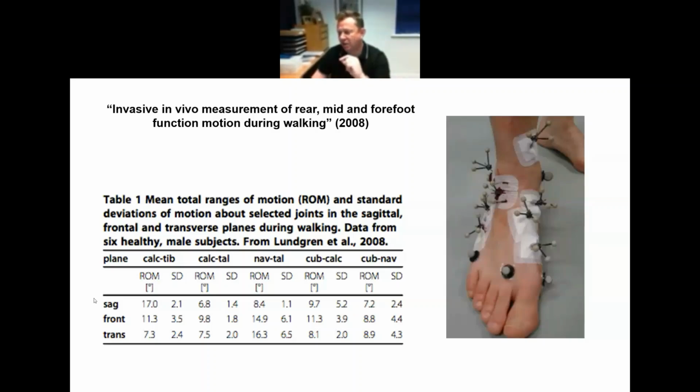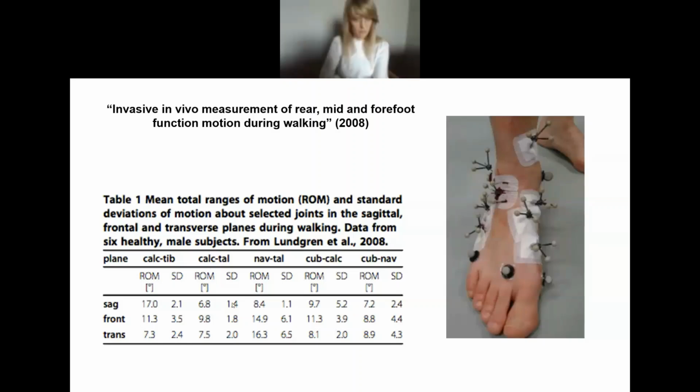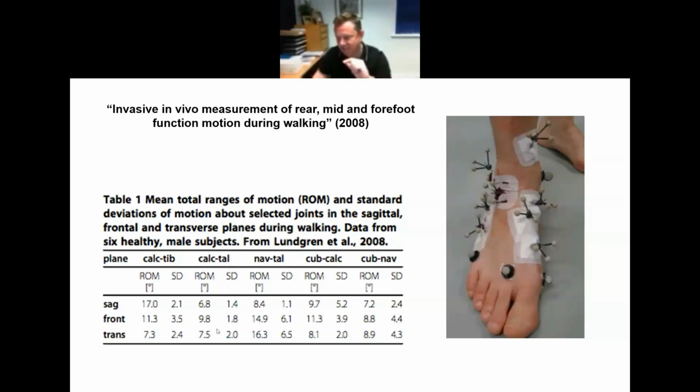Down here, we have the average data and the standard deviations, the variations in the range of motion between bones in this study. What it clearly shows is that for the calcaneum and talus, the subtalar joint, the range of motion during normal walking is relatively small, with a low standard deviation, showing a fairly consistent pattern.